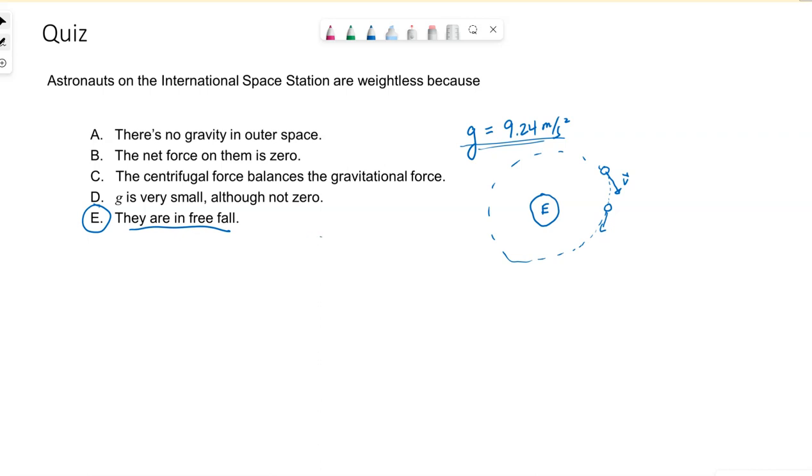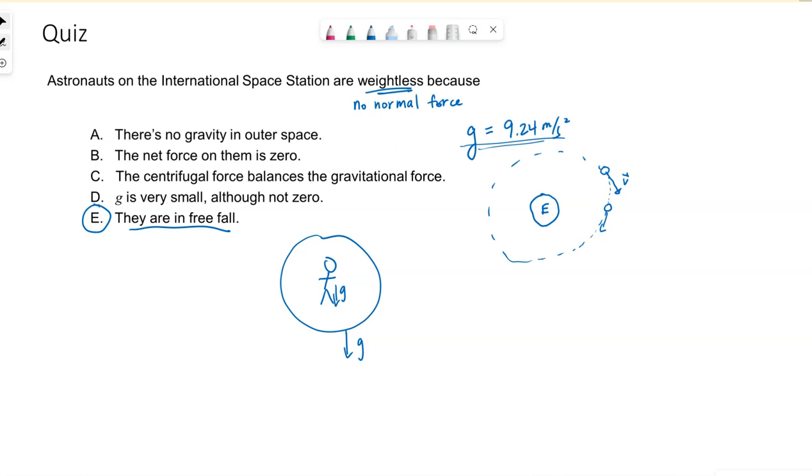So if both the space station and the people inside are experiencing the same acceleration, then there's no normal force. The concept of weightlessness is having no normal force.